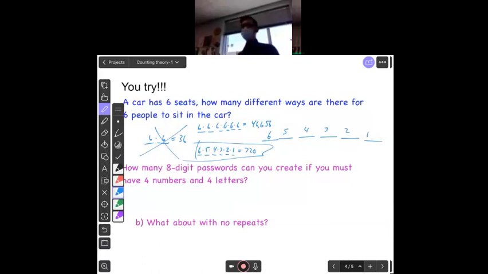It's really easy to lose those things. 720 ways. And that's where the math isn't hard because you're just typing in your calculator. But how do you read it? How do you make sense of what's going on? And that difference between opportunities to make a choice and choices that you have.